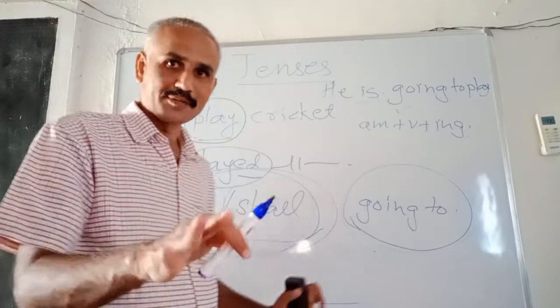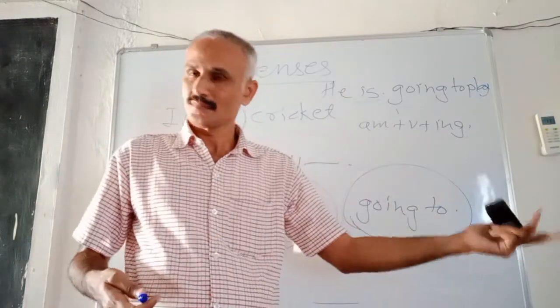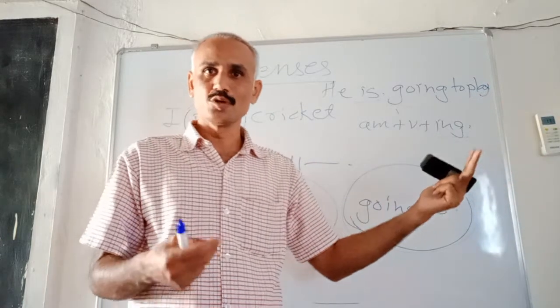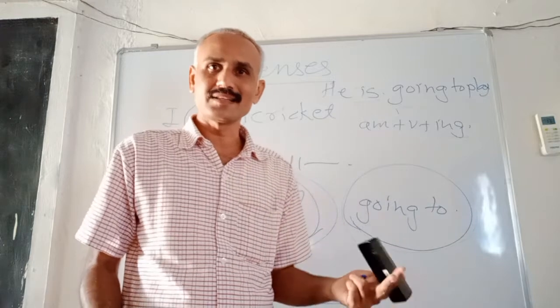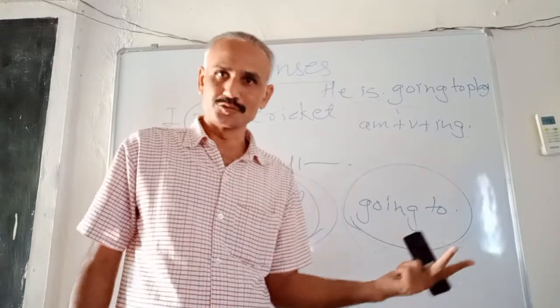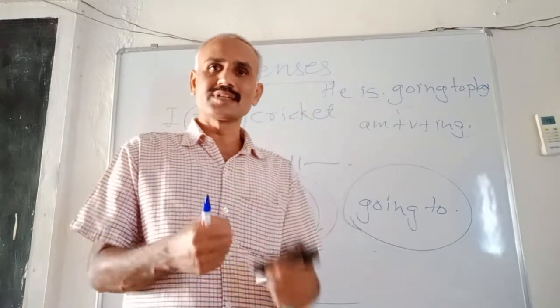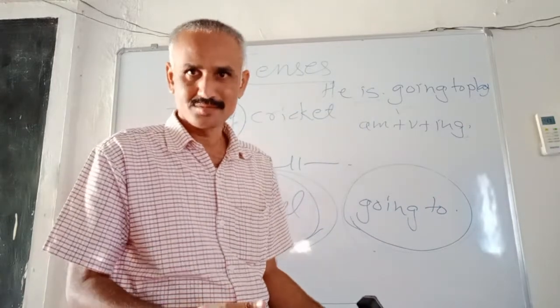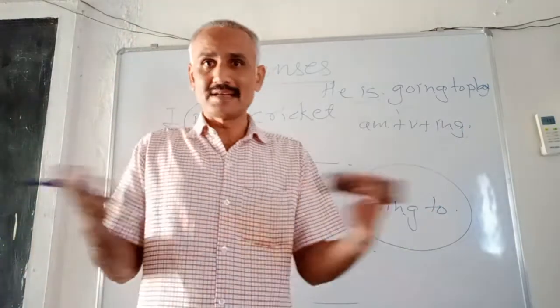So after all, the time has to be indicated, whether it is in the past or present or the future. But nobody can predict the future. The fortune tellers can tell your fortune, they can tell your future also. But nobody is so confident that this is going to happen, or I will play. At any moment anything can happen.